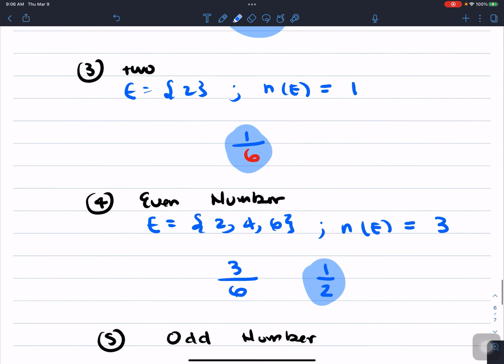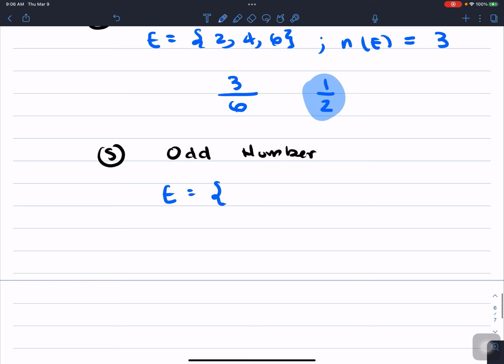Okay, well, let's think about this, right? What were the odd numbers in the sample space? 1. What else? 3. What else? 5. What's N of E? What's the cardinality of that set? 3. Good. Think of the grocery list, right? Can you get in the express line counting your groceries?